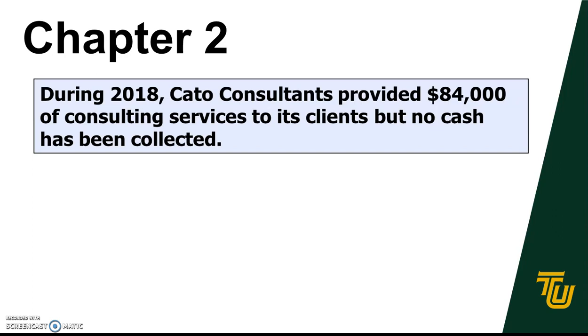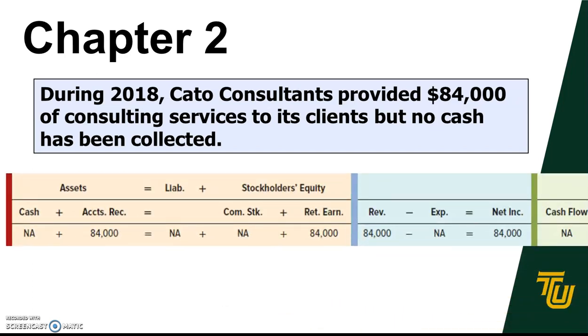If you're thinking about accounts receivable, good job. Way to go. Accounts receivable is the account that we need to go to. We need to show that we are owed money. The opposite of owing someone money is when we are owed money. We are owed $84,000 from these clients, from these customers. So we'll have a new asset account, and we'll call that account accounts receivable to show that we are owed that money from those customers.